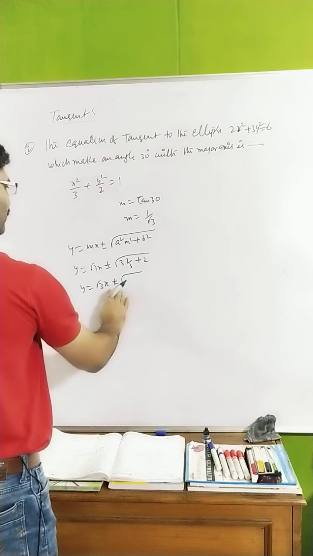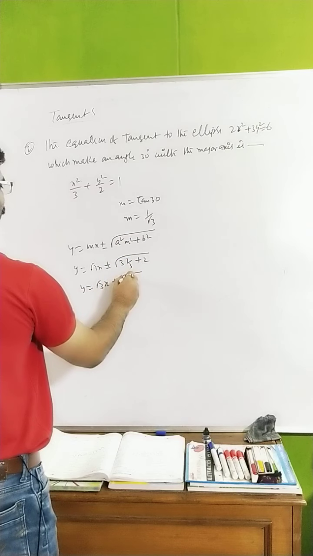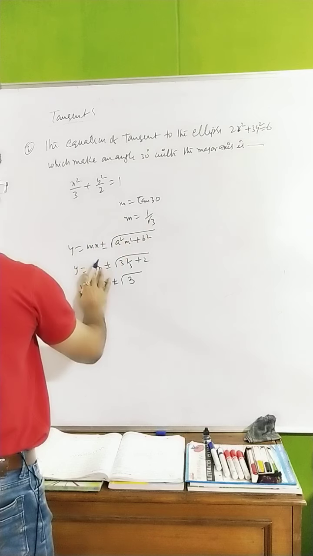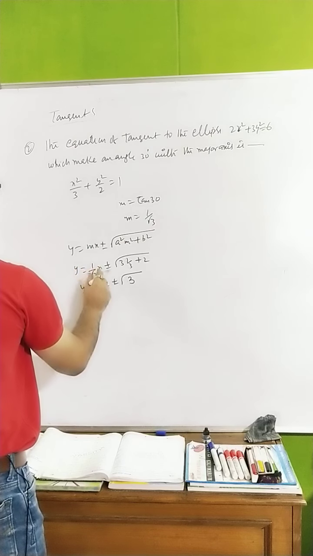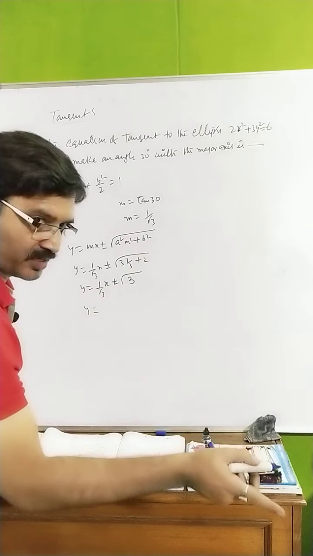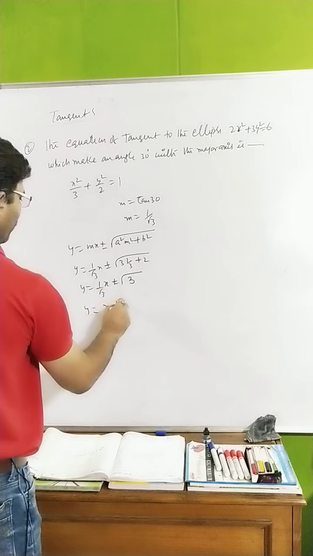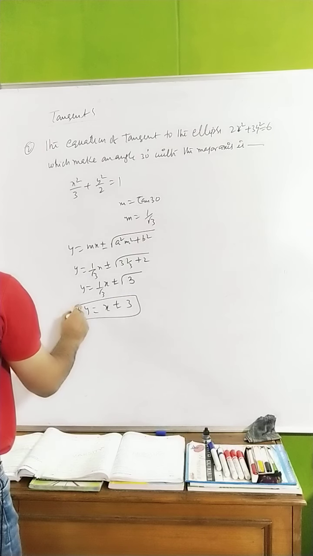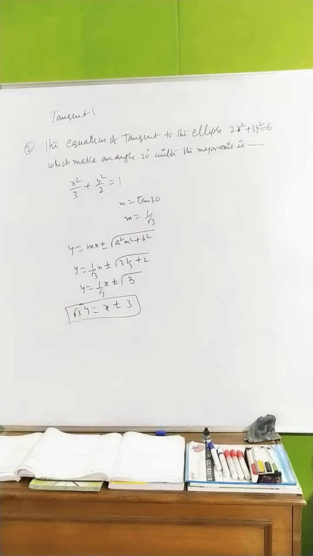If I write 1 by 3, it becomes only 3, root 3 we are getting here, and the slope is 1 by root 3. I'm sorry guys, due to the speed I committed a mistake. Please don't do that. So root 3y is equal to x plus or minus 3 you are getting.